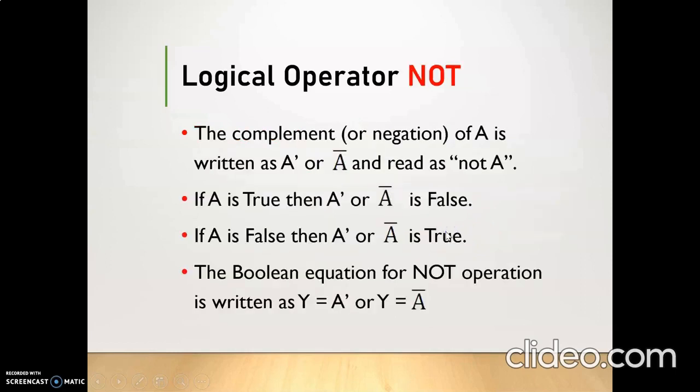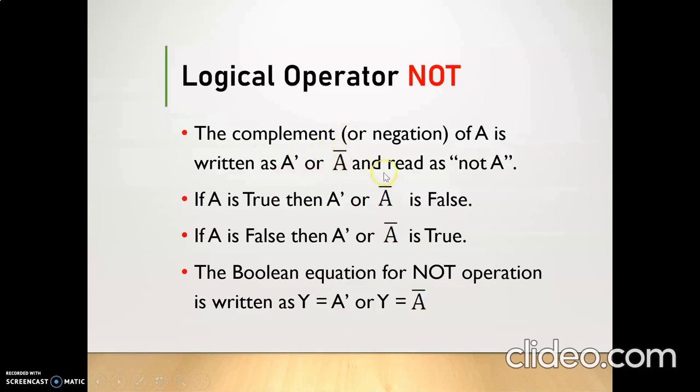Next, for NOT. NOT means the complement or negation, or the reverse of something. So if we have a variable A, and when we apply NOT to it, it's going to be written as A prime, like this one, or it's going to be written as A bar, like this one.